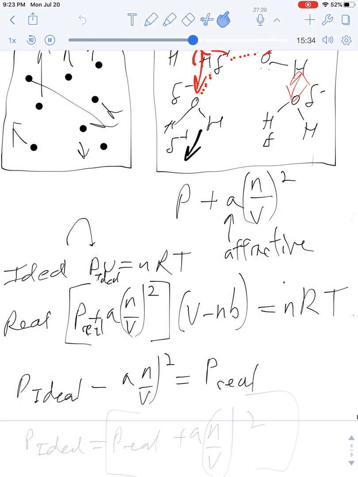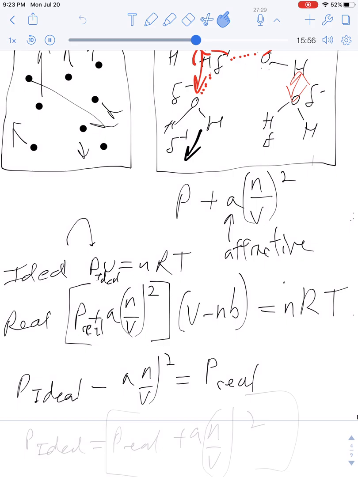Because what was I saying up here? I was saying that these particles don't hit the wall with as much force. So the pressure is actually smaller than what is predicted, because the molecules attract each other so they don't hit the container with so much force. So P ideal minus that gives you the real pressure.